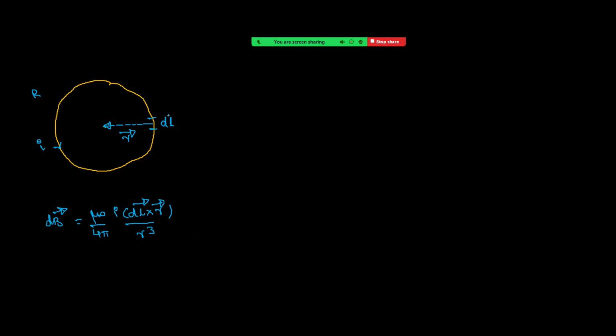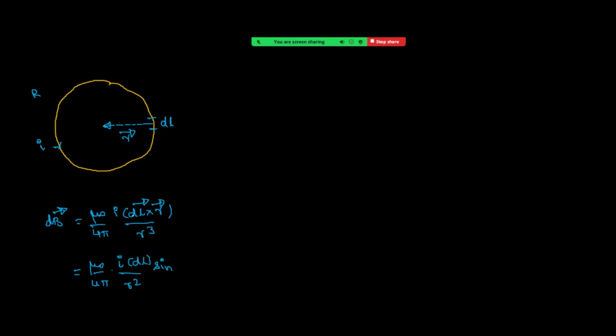And you can see here between this dl bar and r bar angle is 90. So it is dl into r into sin 90 and one r gets cancelled. That means it becomes now mu naught upon 4 pi I dl, here r is there and r cubed, it becomes r square sin 90.